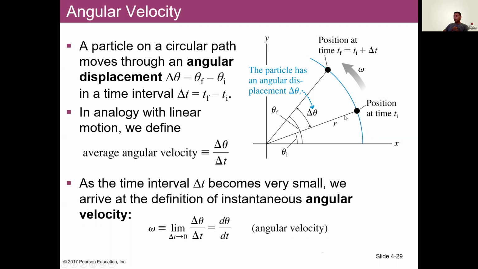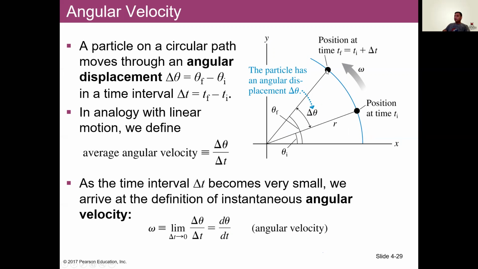And this is basically, once we know the initial and final positions, the same as linear motion, right? Imagine your particle was at theta i, the initial angle, at t equals ti, the initial time.